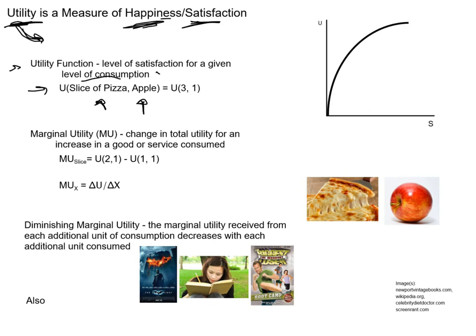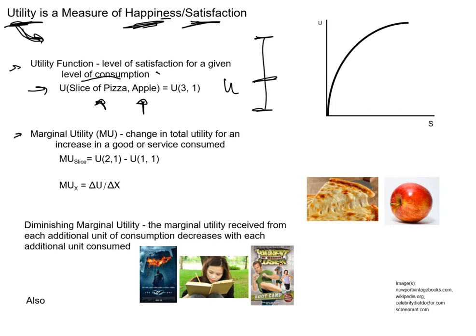So the way that I could write this is 3 slices of pizza, 1 apple. Think for a second, if you had to do a scale of 0 to 100, how happy would you be if you had 3 slices of pizza and 1 apple? That level of happiness is your utility, right? So utility is simply your level of happiness.